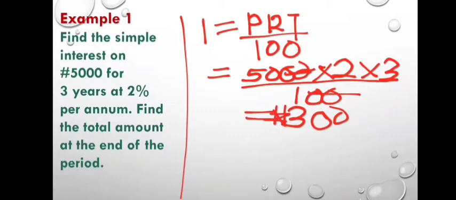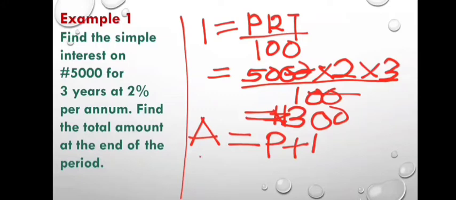Then the second question says, find the total amount at the end of the period. Now the total amount, which is A, is equal to the principal plus the interest. So what is the principal?